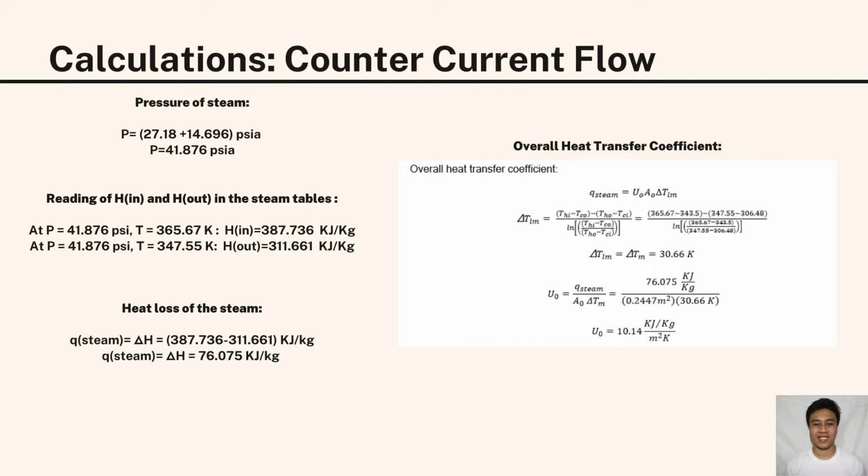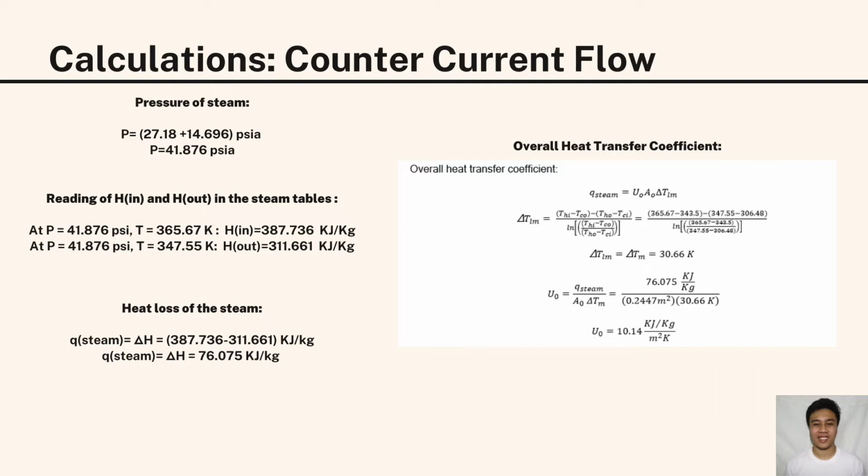Then we are going to calculate the heat loss of the steam by subtracting the outlet energy from the inlet energy, which is equal to 76.075 kilojoules per kilogram. Now we are going to calculate the overall heat transfer coefficient. By doing this, we first need to calculate the log mean temperature difference.